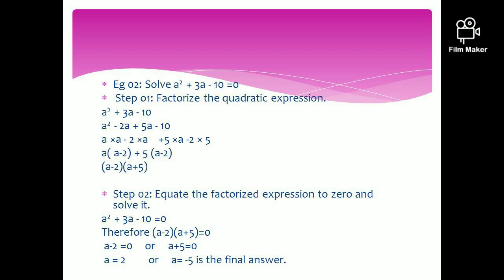Therefore, the equation a squared plus 3a minus 10 equals 0 turns into (a minus 2)(a plus 5) equals 0. Then by making each bracket 0, you obtain a minus 2 equals 0, meaning a equals 2, or a plus 5 equals 0, meaning a equals minus 5. These are the final solutions for this quadratic equation.